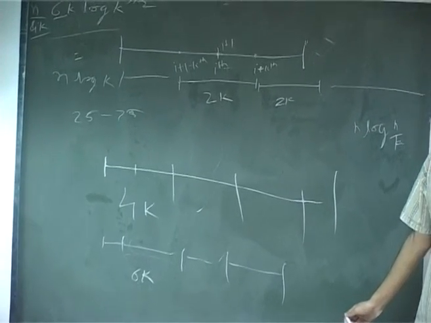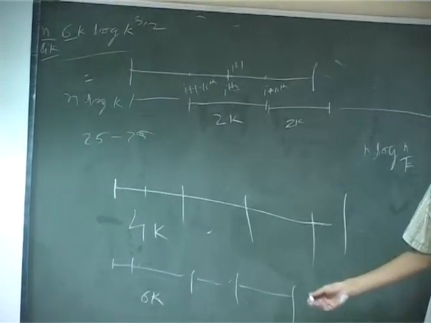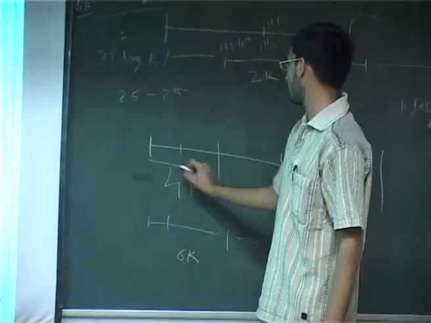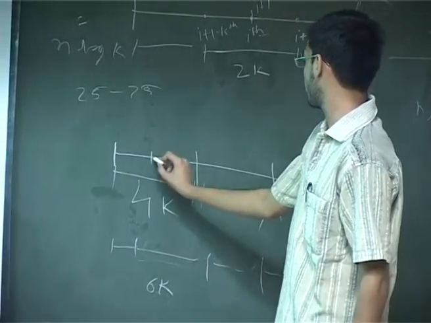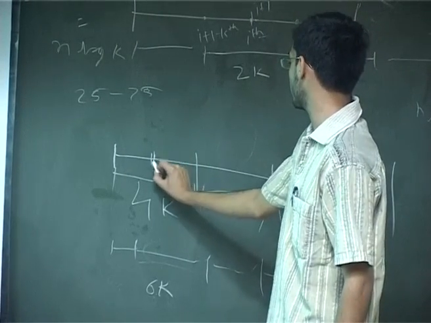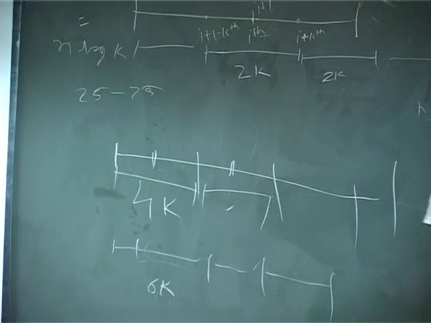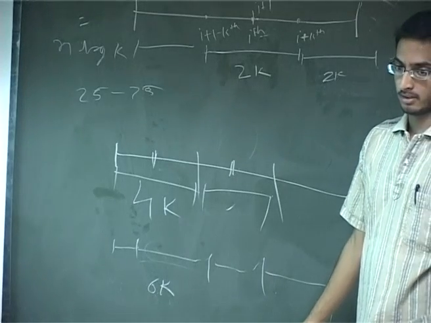But there is a second algorithm for k-sorting. Instead of doing partition and then sorting, just sort each 4k elements, and for the last 2k elements of this partition and the first 2k elements of the next partition, merge them. The last half and the first half, and merge them.